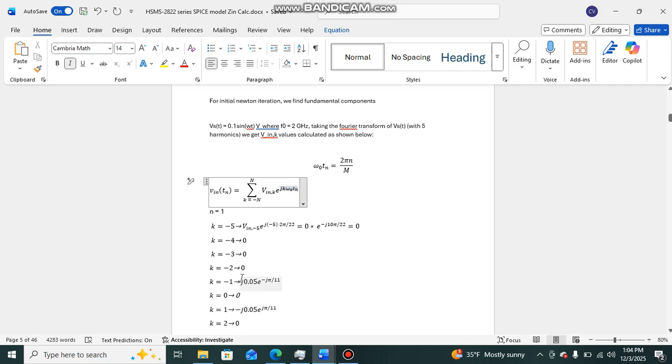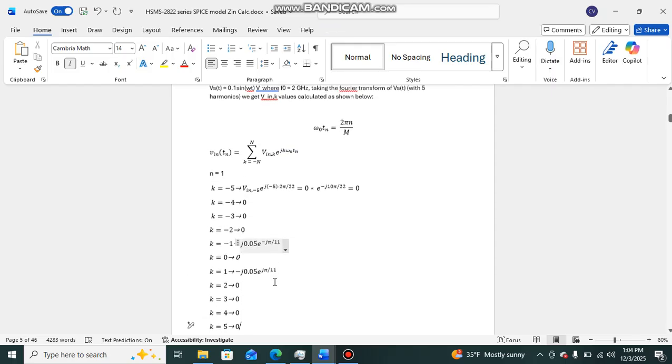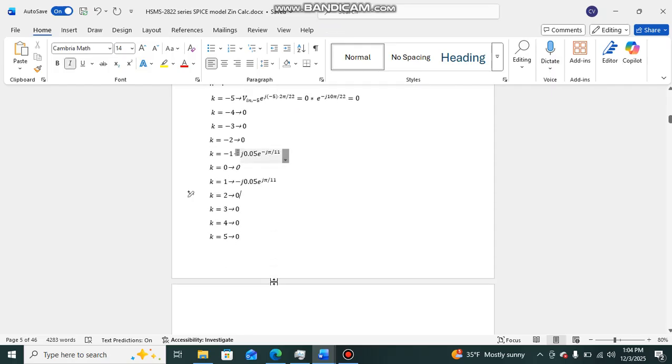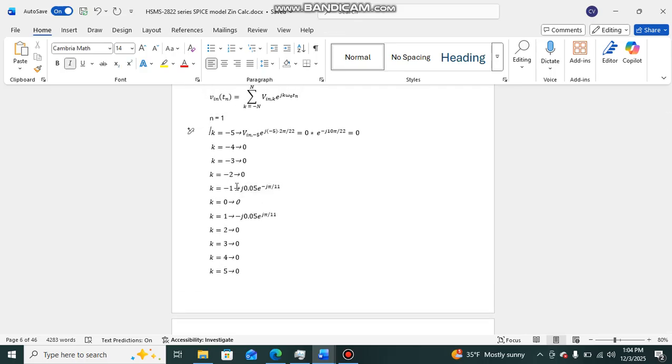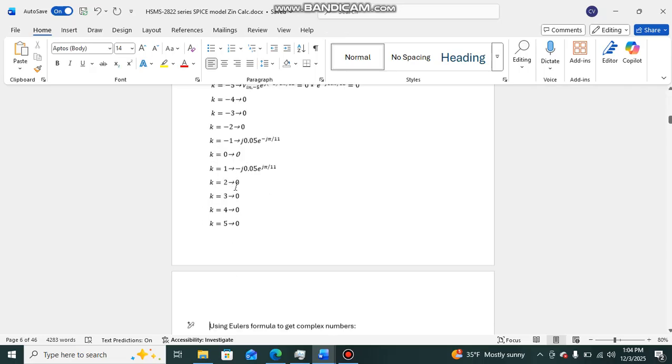If we multiply that by negative 1, we get e to the negative j pi over 11. And you do this for k is equal to 1 also. But we do not know what the other harmonics are, and in order to find them, we use Newton's iteration process.